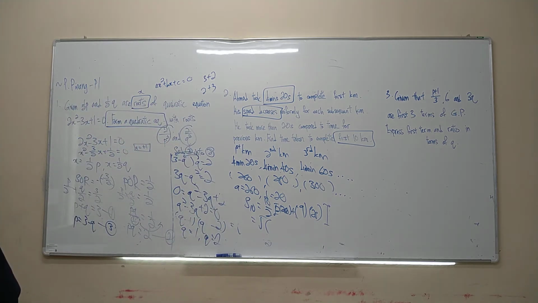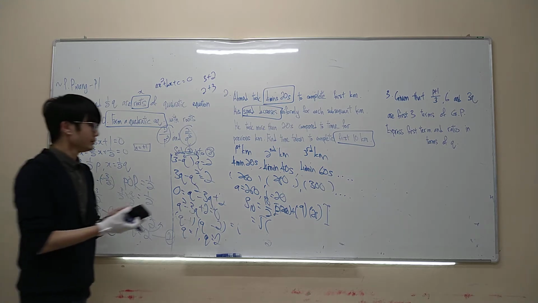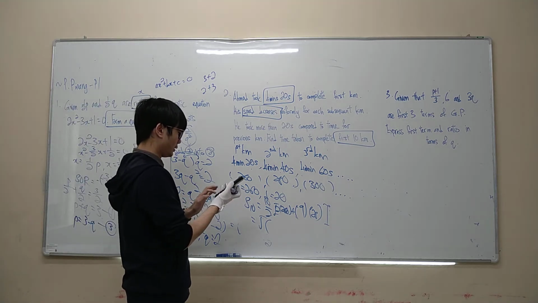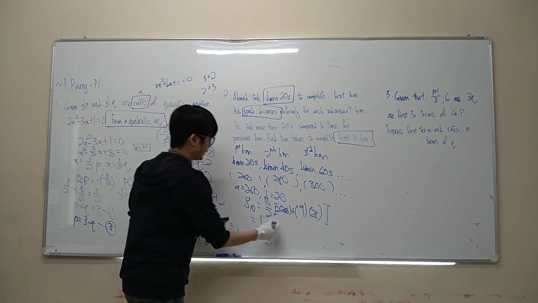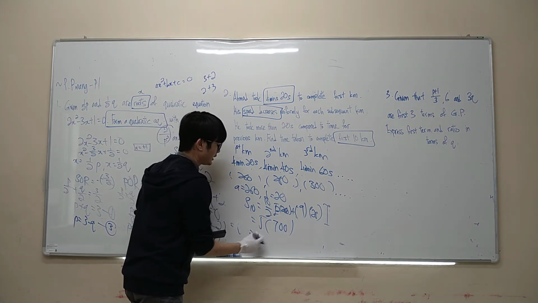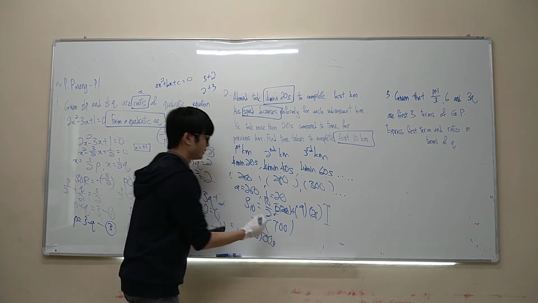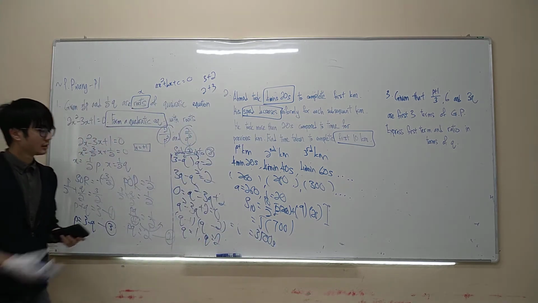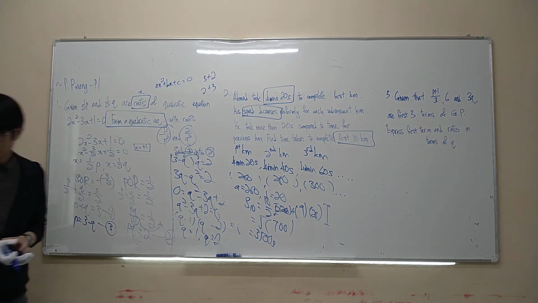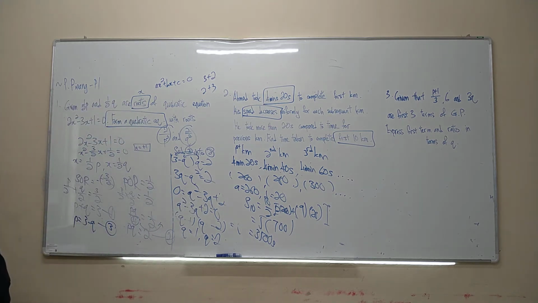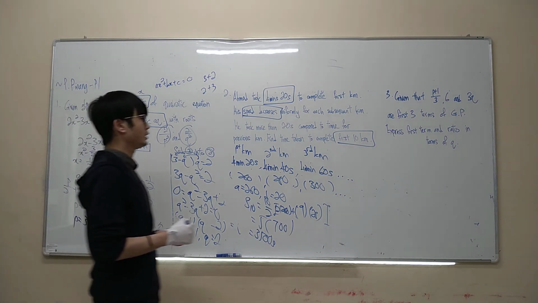So let me just take out my calculator here and calculate it. Plus 9 times 20, 700. And when you times 5, I think it's 3,500 seconds. Okay, did I do it correctly? Yeah. Okay. So that is how you do it.